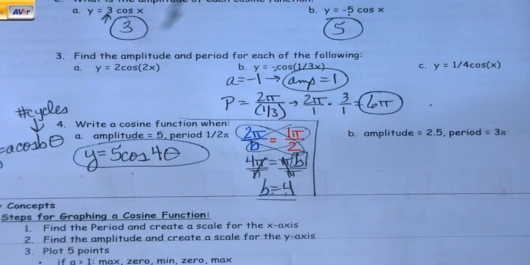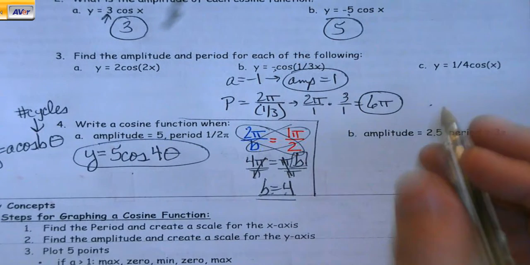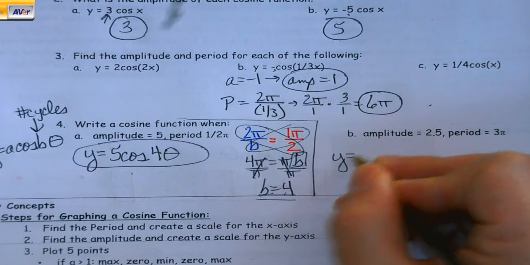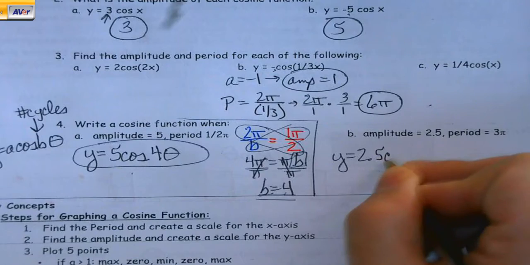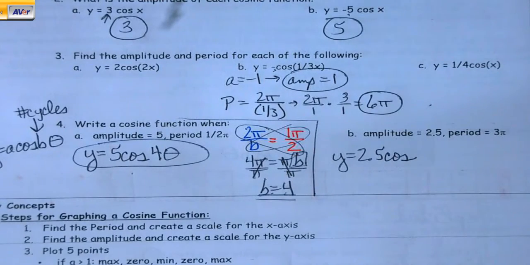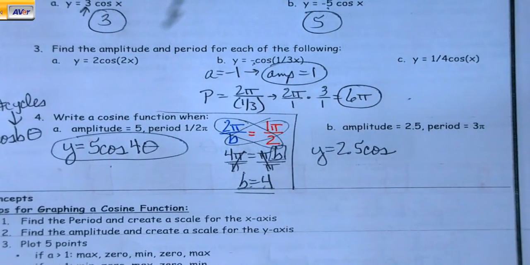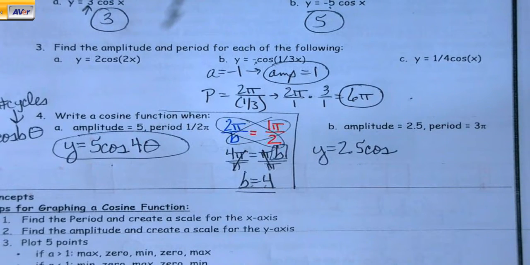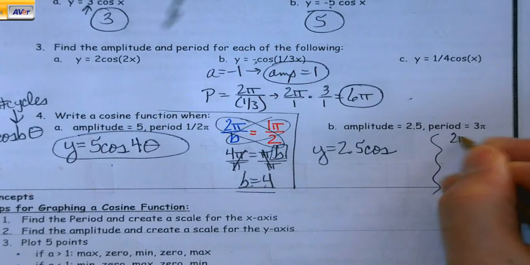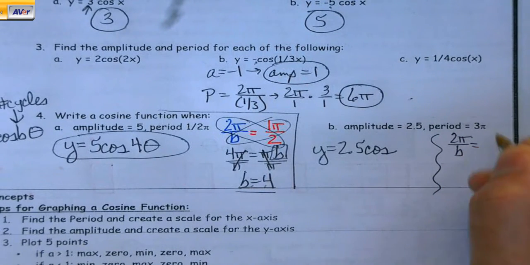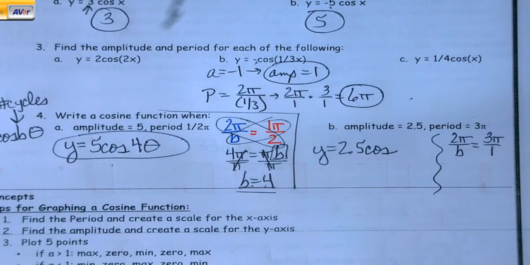And since that's a little different of a concept, I want to do the second one here too, just to let us see how this goes. The amplitude should always be the easy part for us. But then the period, again, little side work in order here. 2 pi over b equals 3 pi, and I guess to make it a fraction, I'll put it over 1. Not a bad idea, since I'm looking at this like a proportion.